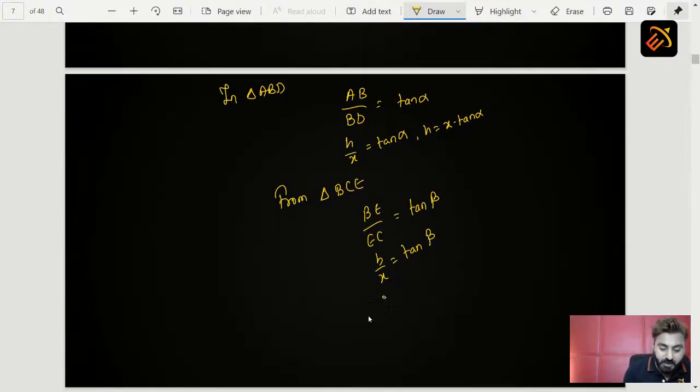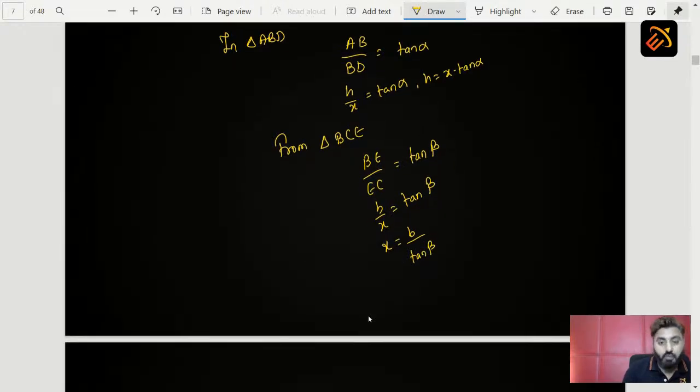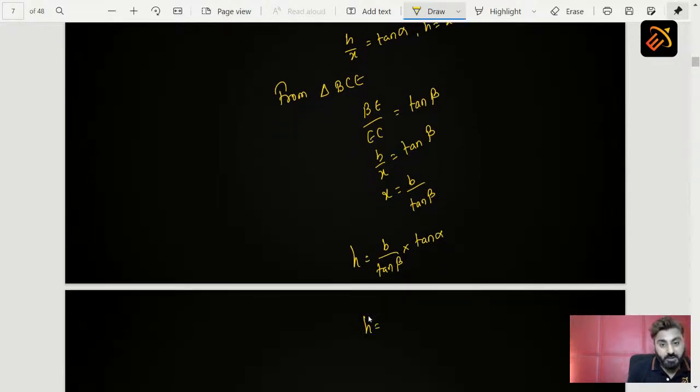So from this, we get x is equal to b by tan beta. Now, when you substitute in the above equation, what do we get for h? We get h is b by tan beta into tan alpha. So from this h will become cot beta tan alpha.